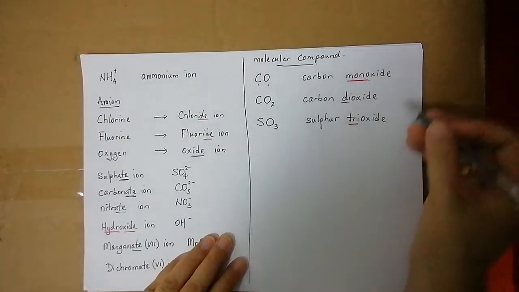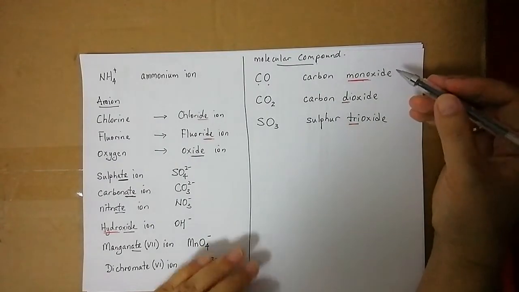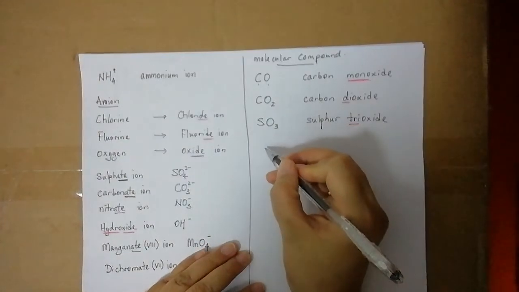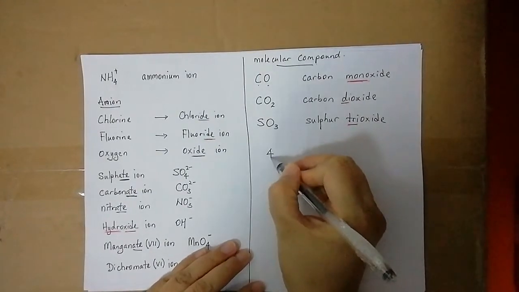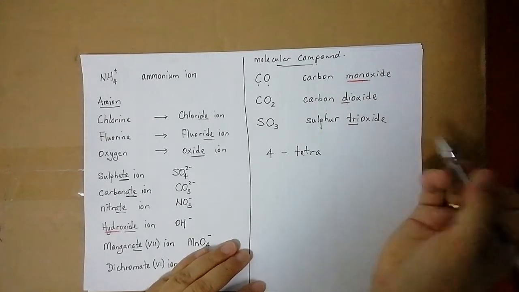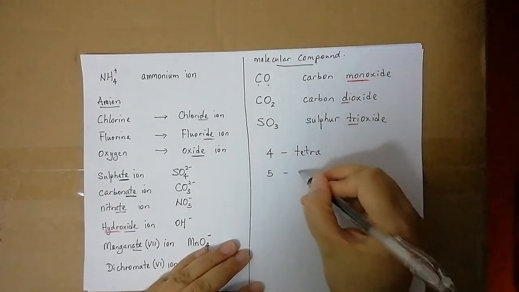So from here, we can see how we name the molecular compound. If it's 4, then we will have tetra. If it is 5, then we have penta.